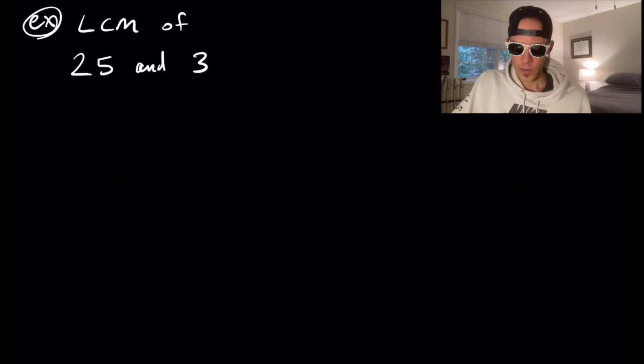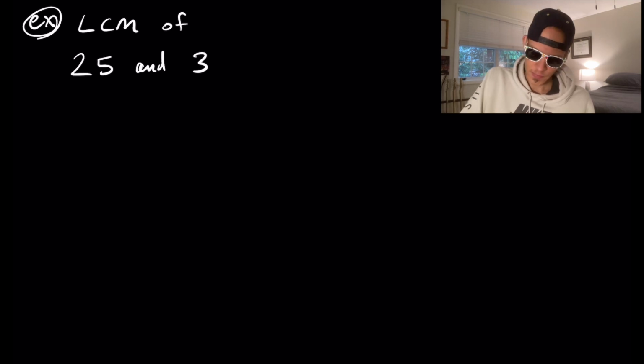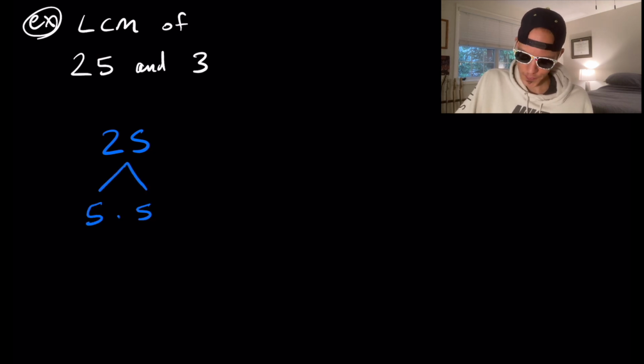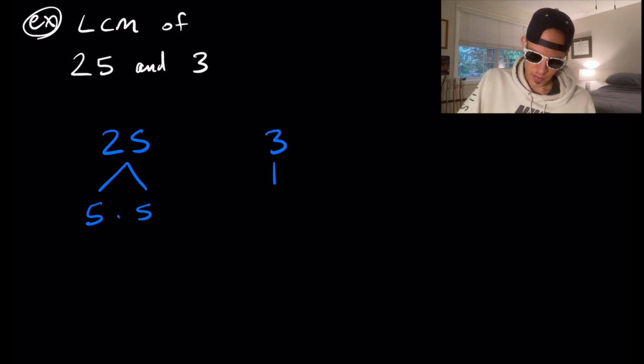All right, for finding the least common multiple of 25 and 3, let's do that prime factorization trick again. So 25 can split into 5 times 5. Those are prime numbers. And then 3, well, it can only split into 3 times 1, but we really don't even write this.